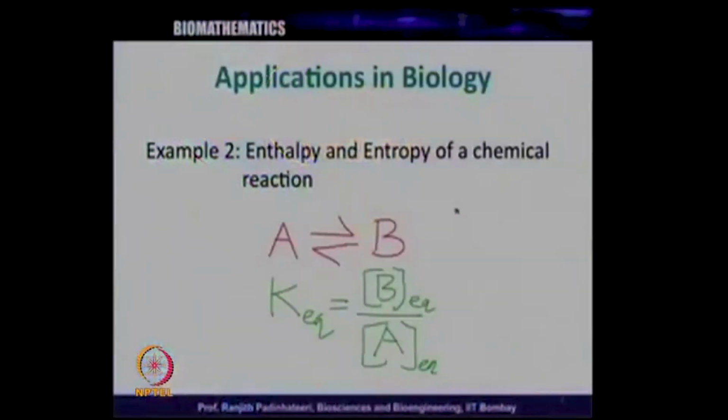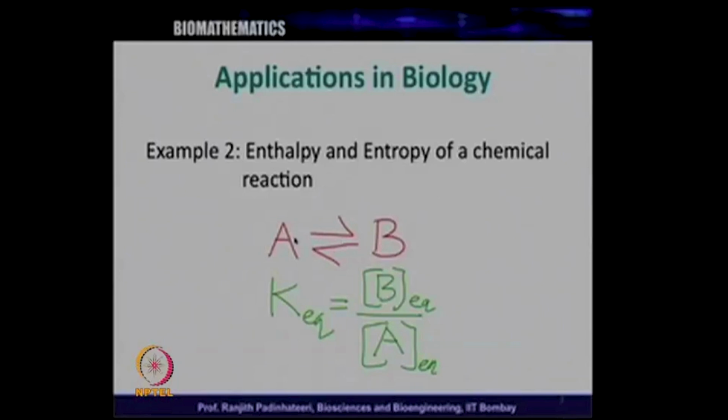Let us take the case A goes to B and B goes back to A. So, this is a reaction with a forward arrow from A to B and a backward arrow.